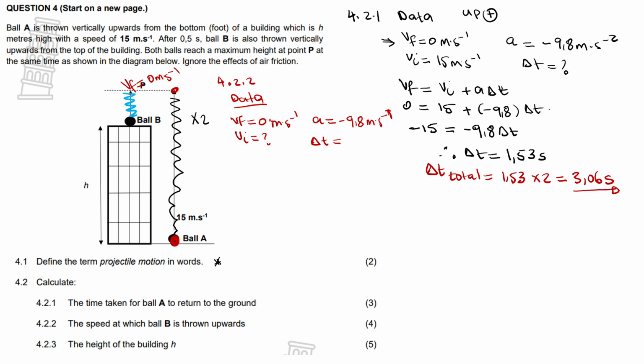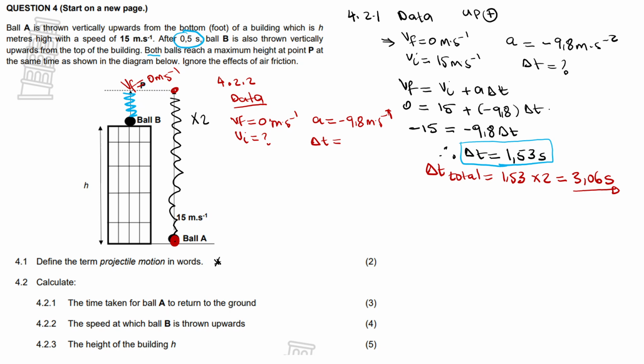Look at the statement: both balls will reach the maximum height at point P at the same time. Remember on the previous lesson, we said since they're going to reach at the same time, we're going to take the time that it will take ball A to reach its maximum height, then we subtract the 0.5 seconds because they're going to reach the maximum height at the same time.